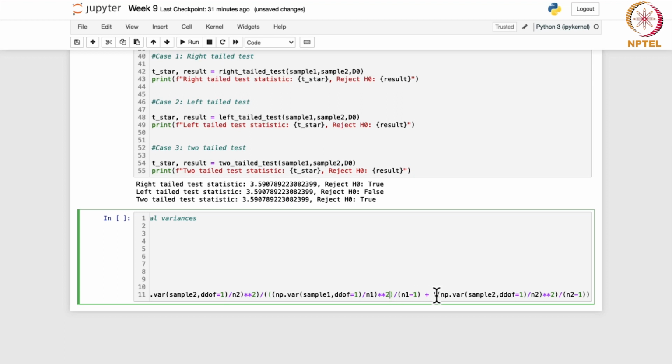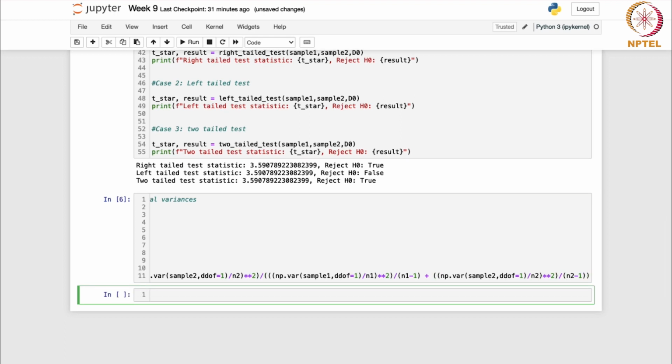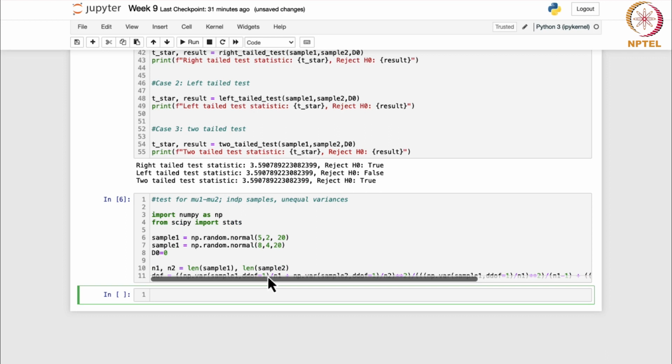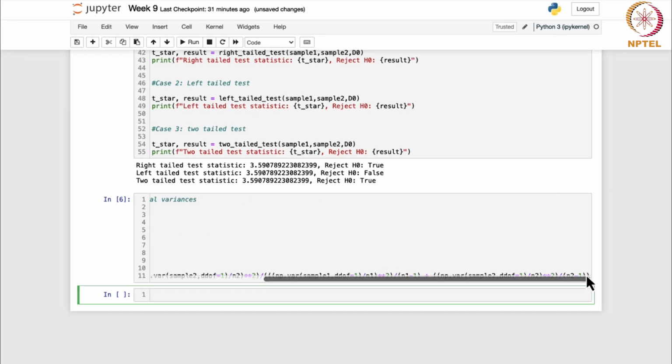And here again, this one will be s2 square over n2. Let me just run this and see if it's working fine. Yeah, so the number of brackets is correct. Good.